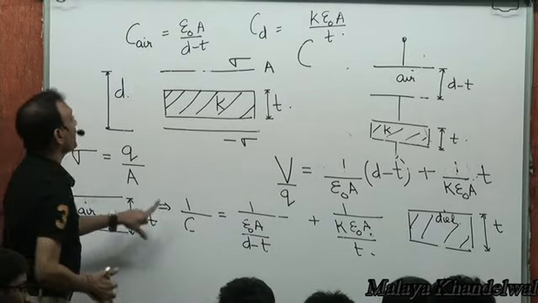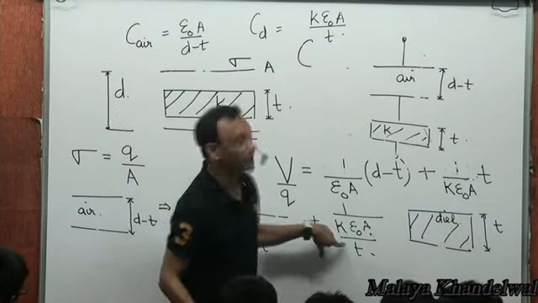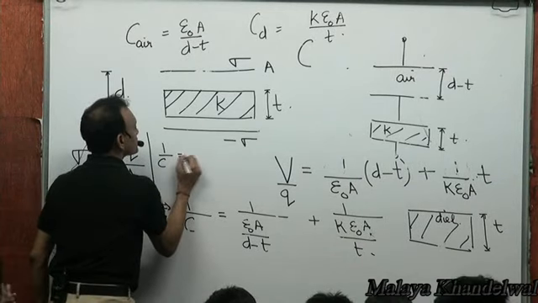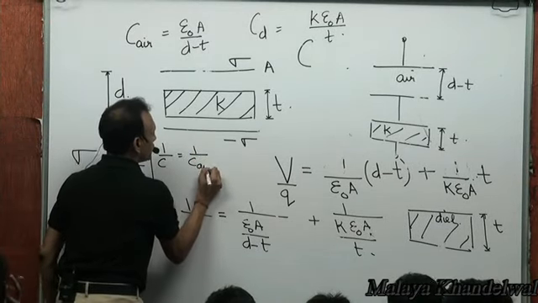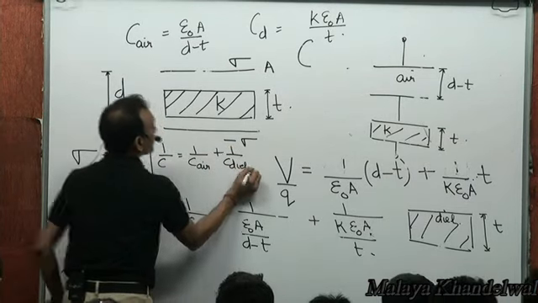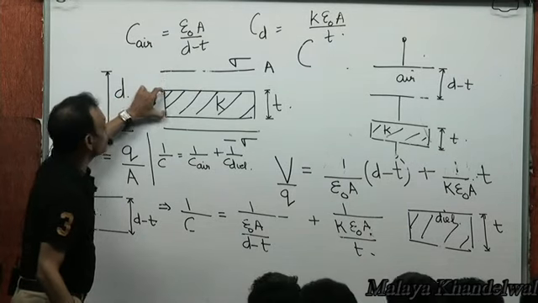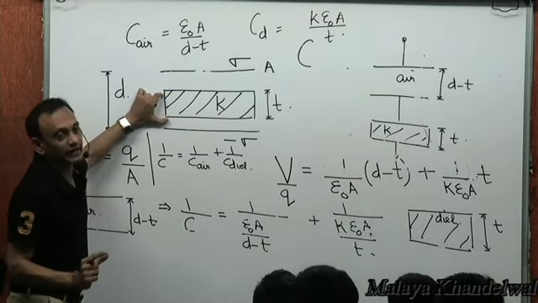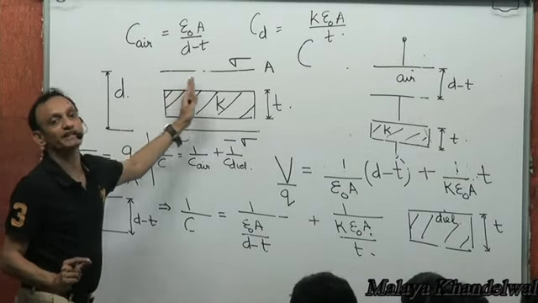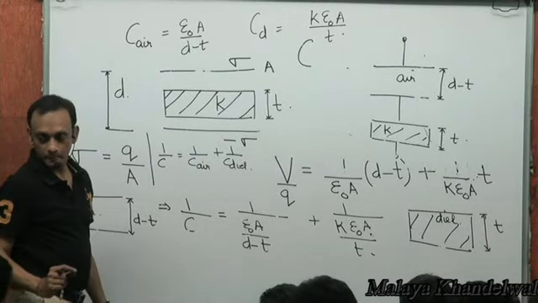So 1 by C of this arrangement is 1 by C air plus 1 by C dielectric. It's as if you coagulate the air units, D minus T units, and T units of the dielectric and connect them in series.